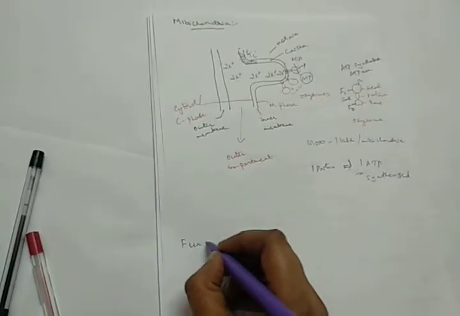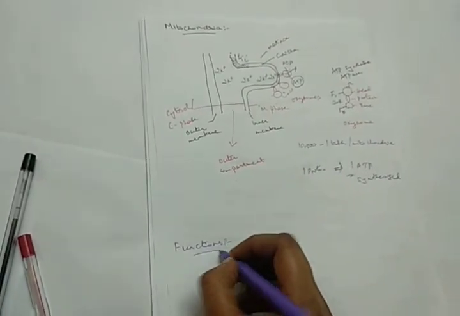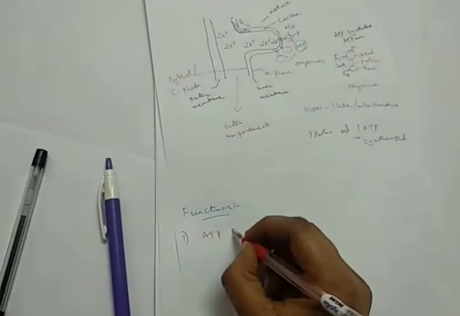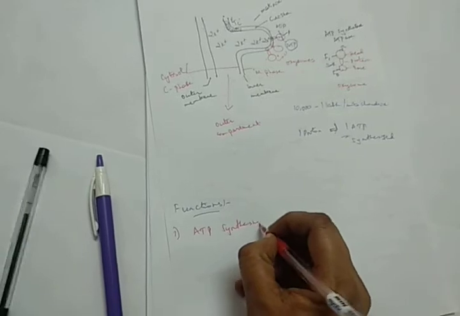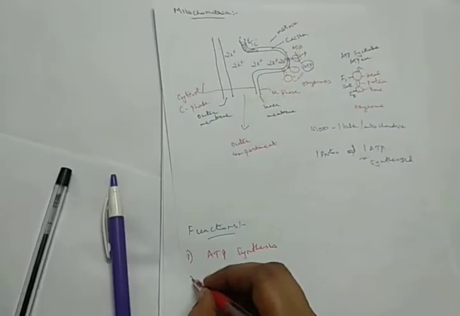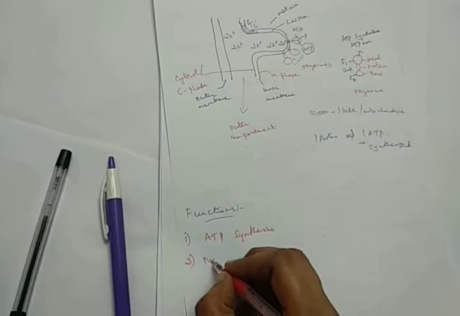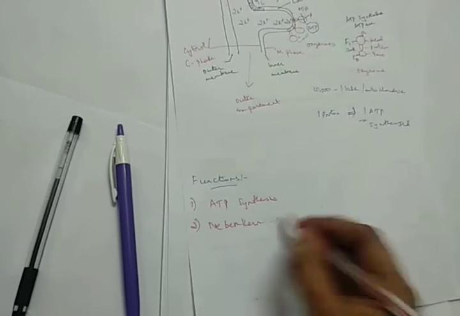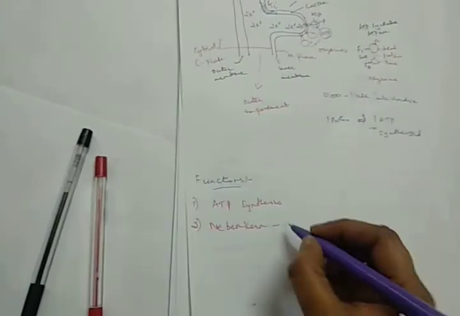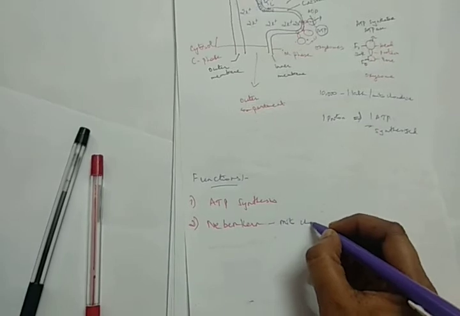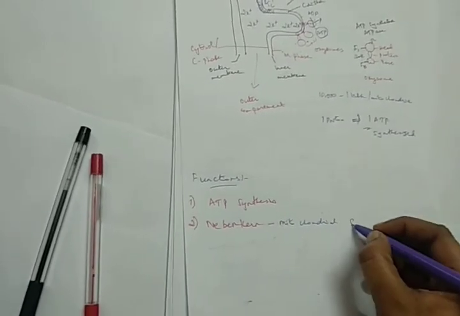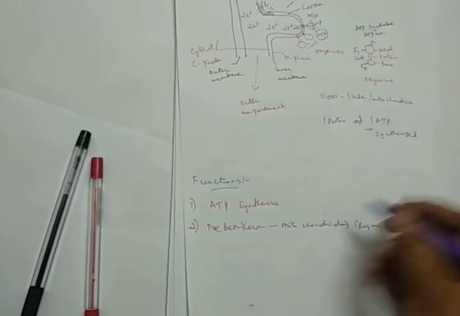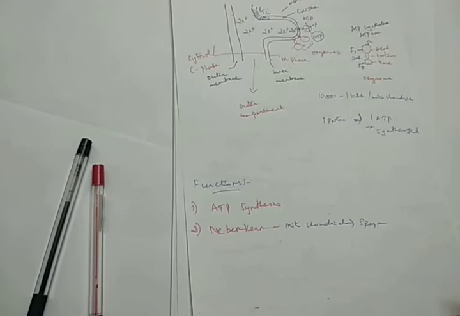Coming to the other functions of mitochondria, it is used in ATP synthesis. Then it is also used in the formation of the Nebenkern. Nebenkern is nothing but the mitochondrial structure present in sperms. The sperm has three regions: the head region, the middle piece and the tail region.